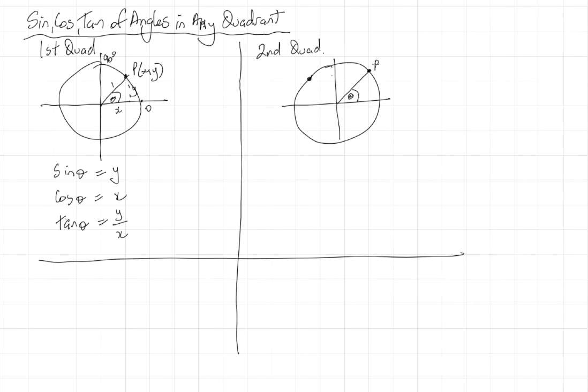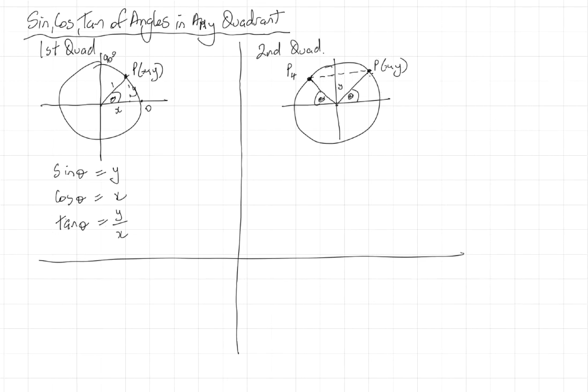So if we make that P (x, y), this point over here, let's call it P4, and if we make that an angle of theta, then those two y values would be exactly the same, just by a little bit of geometry here.